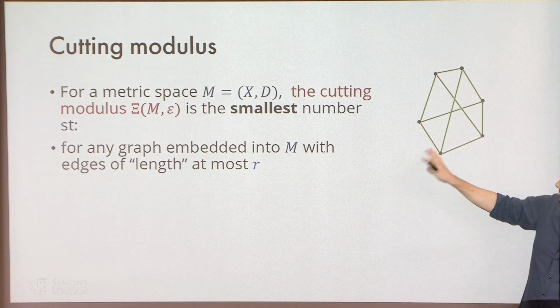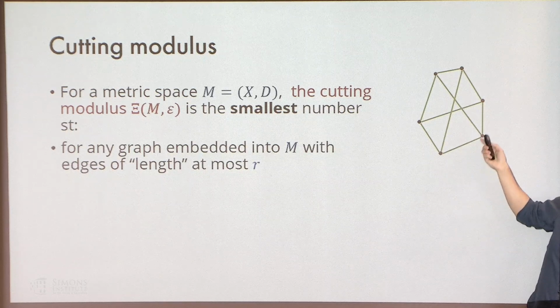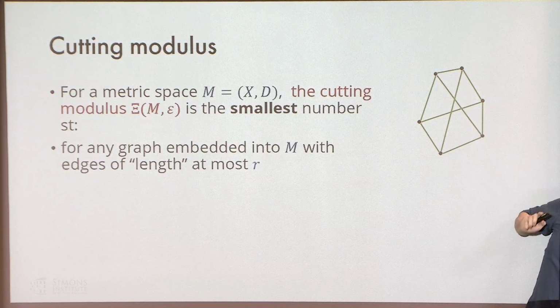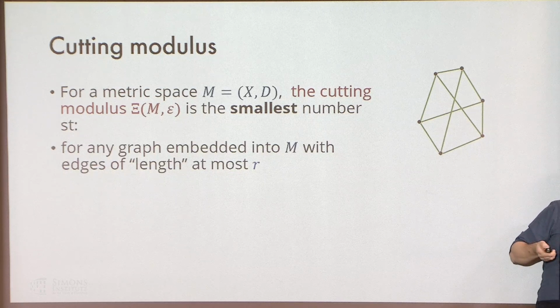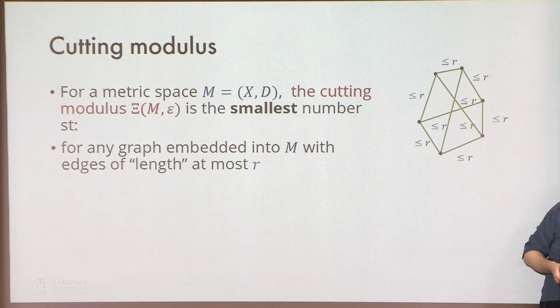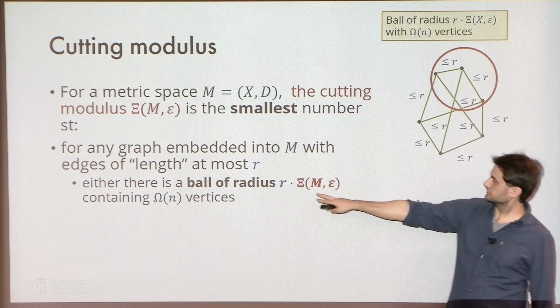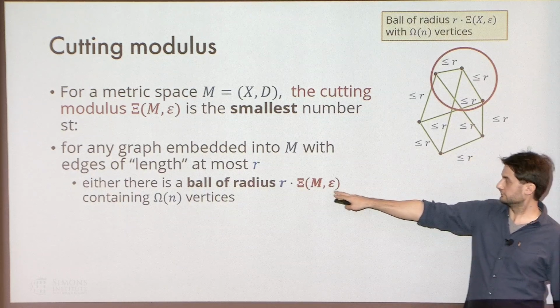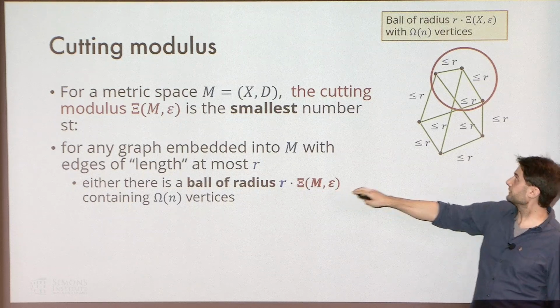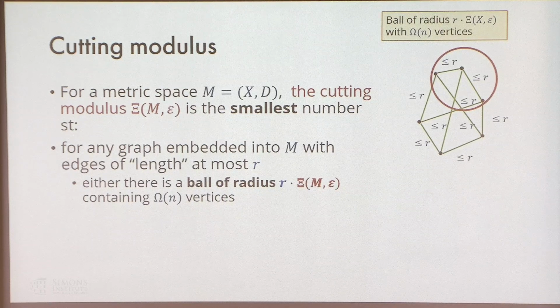Okay, so it is pretty much saying, consider a bunch of points in the metric space, build the r nearest neighbor graph for these points. So all these edges are between points which are at distance at most r. Okay, so for any such graph that you draw, one of the following two must hold. Either there exists a ball of radius which is our parameter r times this parameter, the cutting modulus, in particular Xi, that captures, let's say, a constant fraction of the points, let's say half of the points, of the graph.